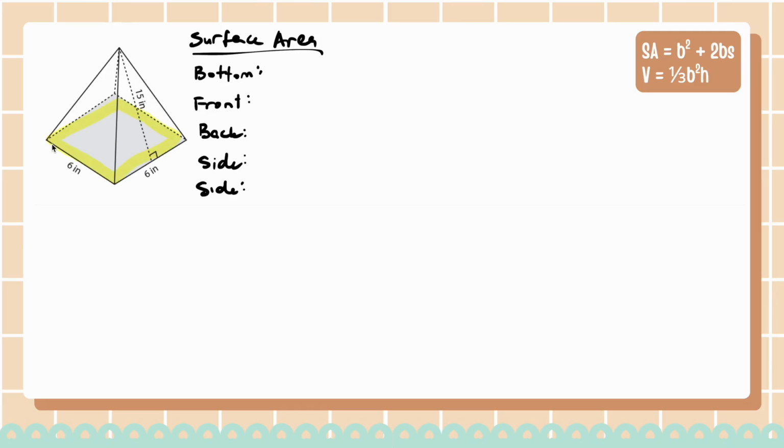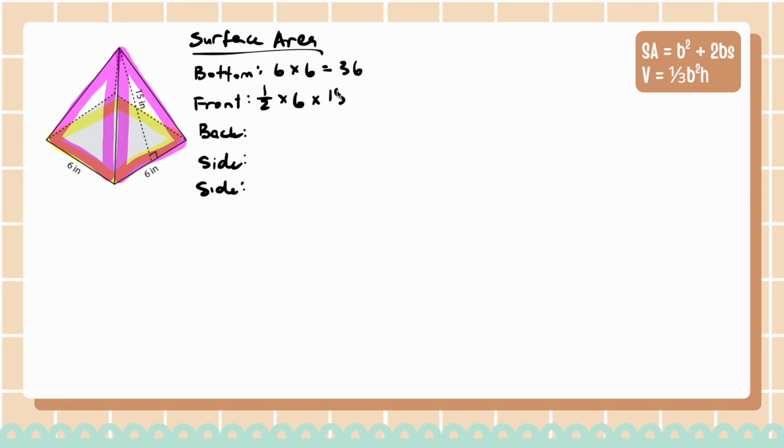I know dimensions are 6 by 6, so I'm going to do 6 times 6 is equal to 36. For each of these triangular sides, remember if I solve for one, that means I've already solved for all 4 of them. So let's just use this triangle right here. We're going to do 1/2 times the base of the triangle, which is 6, times the height of the triangle, which this time we do have, it's going to be 15.